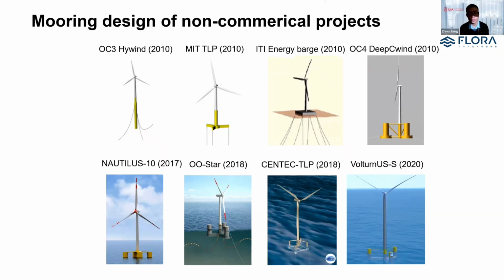Because the purpose of those non-commercial projects is to provide a basis or reference wind turbine, they have not really looked at the feasibility of mooring systems. For the VolturnUS design, they have only looked at the ultimate limit state. They have only done very limited design load cases.